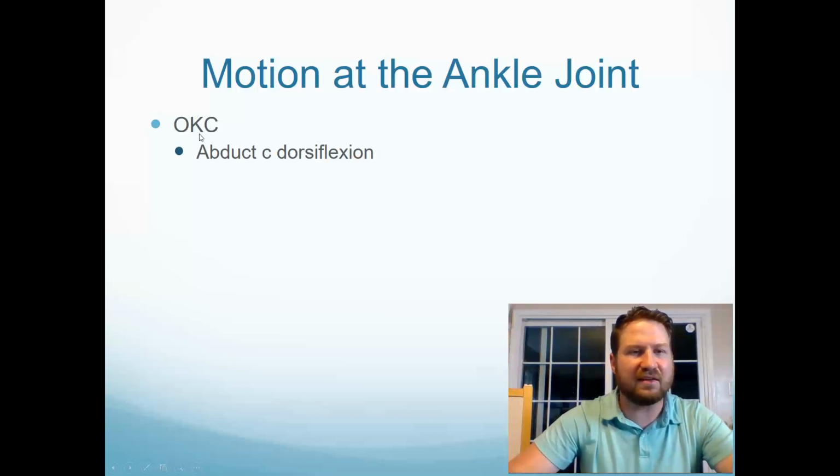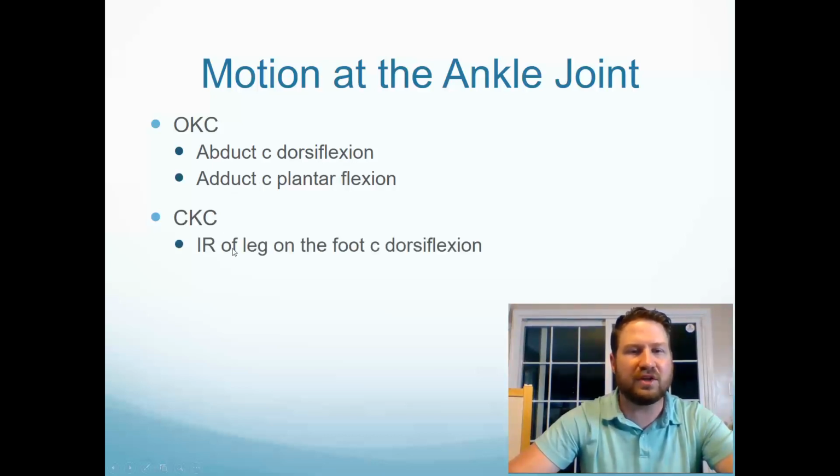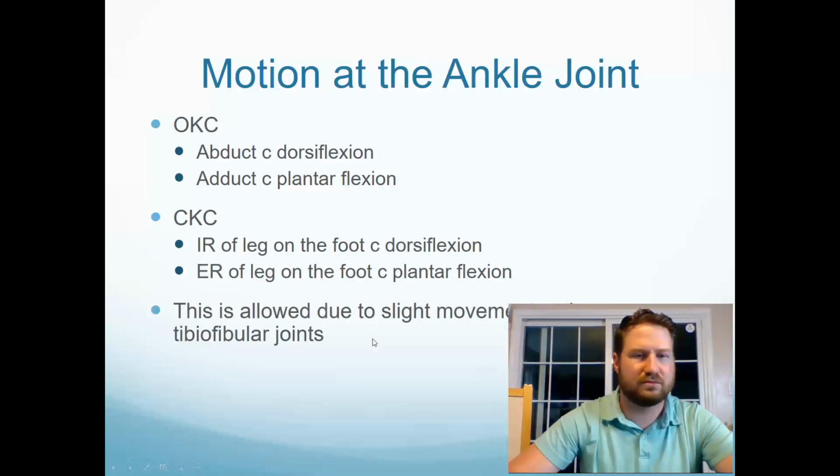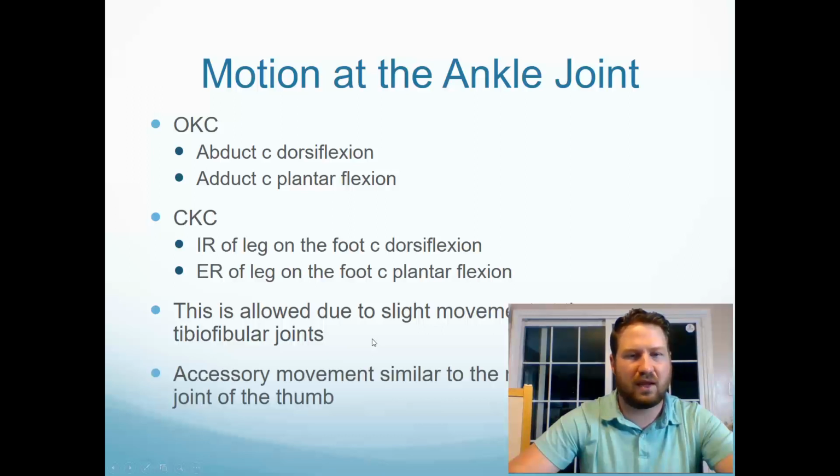With that true axis, with an open kinetic chain, we have abduction with dorsiflexion, and we have adduction with plantar flexion. In a closed kinetic chain, we have internal rotation of the leg during dorsiflexion and external rotation of the leg on the foot with plantar flexion, because of how that oblique axis of rotation sits for the joint.